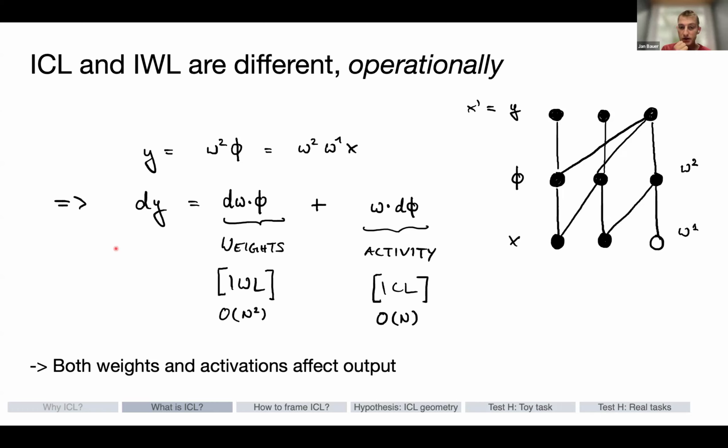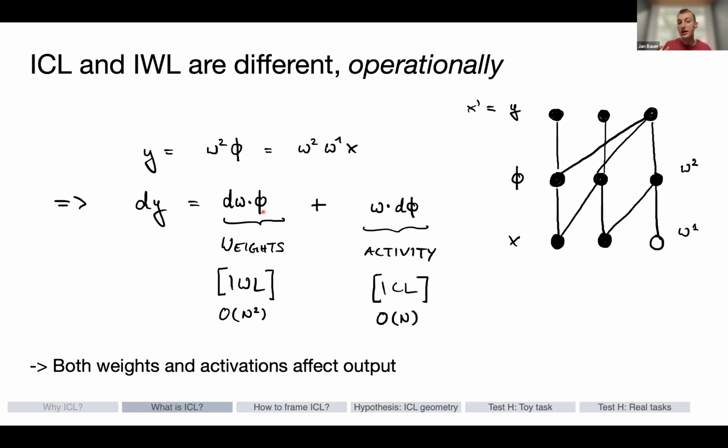But there's one thing which potentially explains why in-weight learning is more expressive or more powerful. That is because by changing your weights, you have more parameters at hand. Let's say n denotes the dimensionality of your hidden states. Then, because the weights are all-to-all connections, you have n squared parameters. However, by changing your activations, you are more confined.